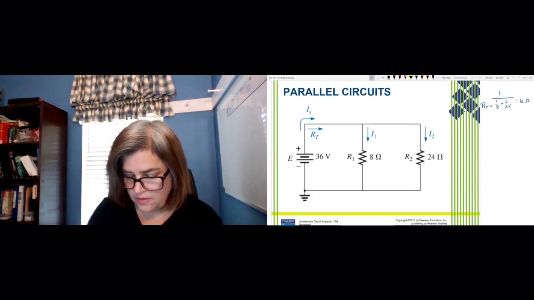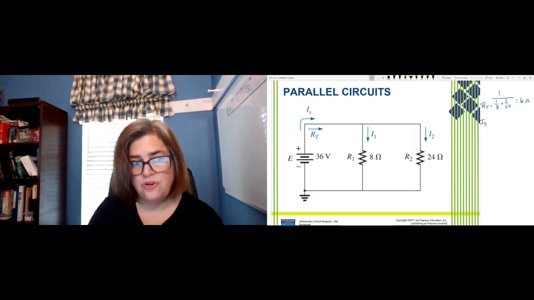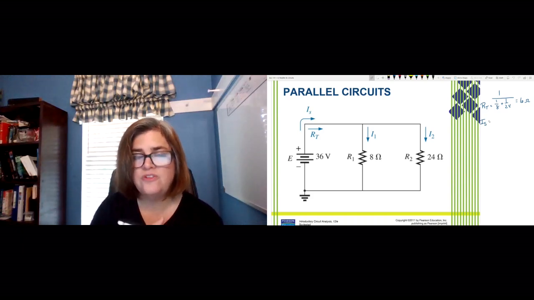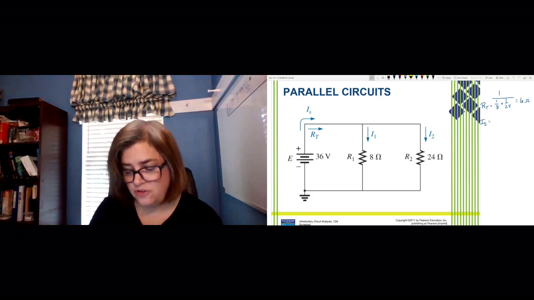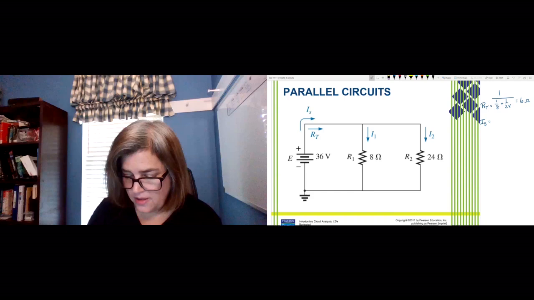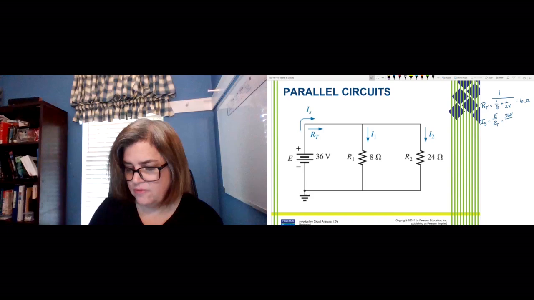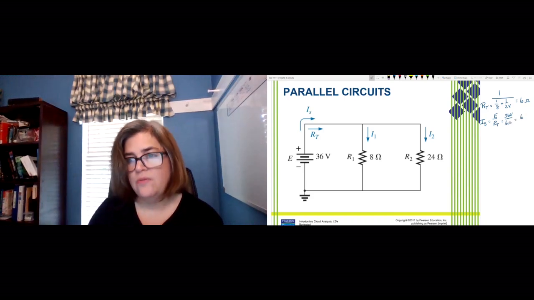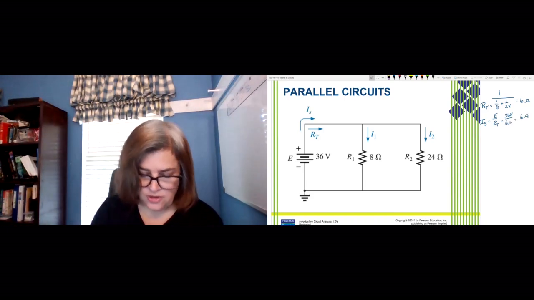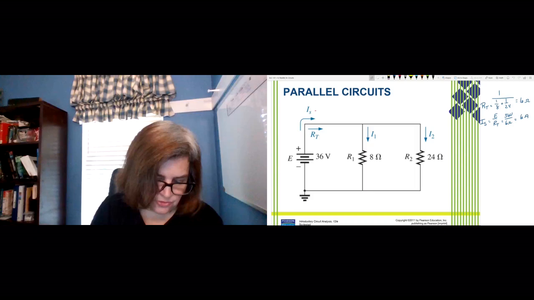So that will give us a way to find our source current. What current's required by the source depends on the resistance of our circuit. So if we have E over RT, which we do, we've got 36 volts and 6 ohms of resistance, meaning we'd have 6 amps of current required by the source.